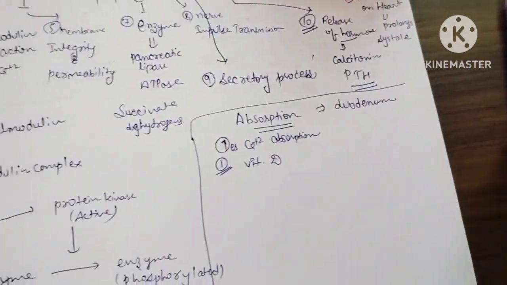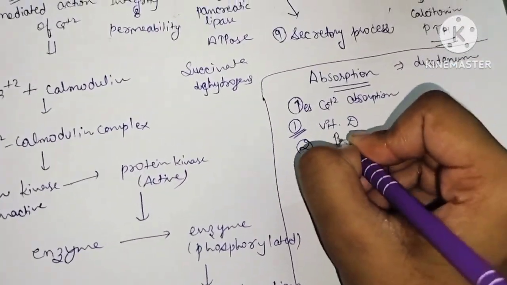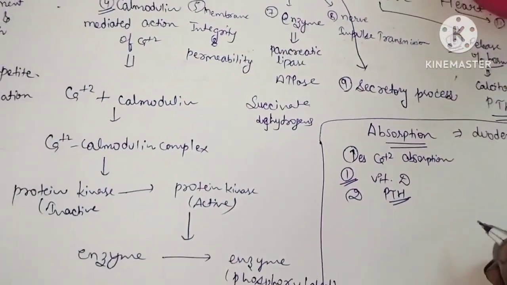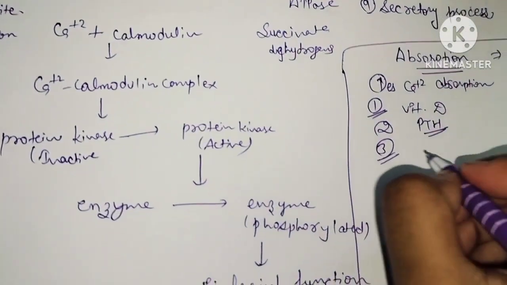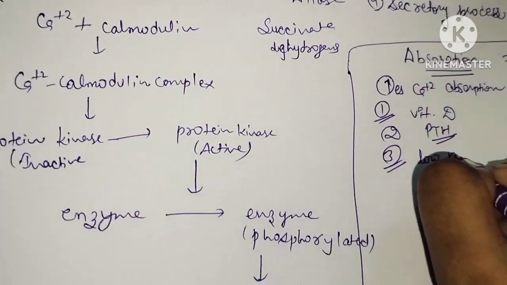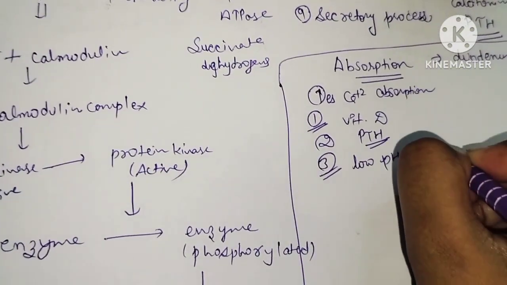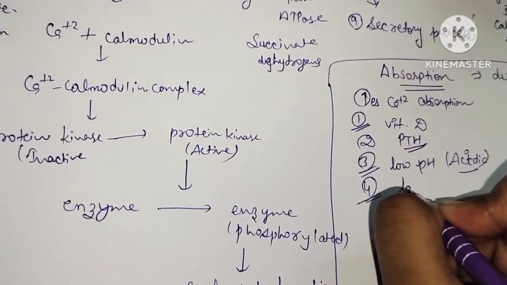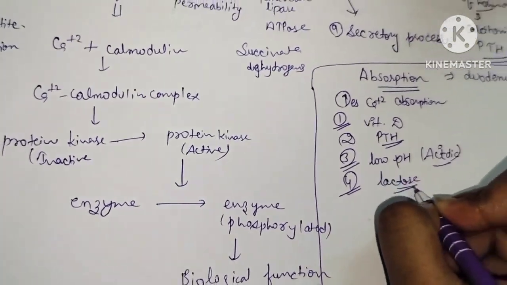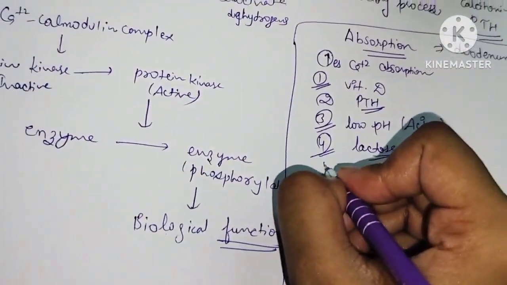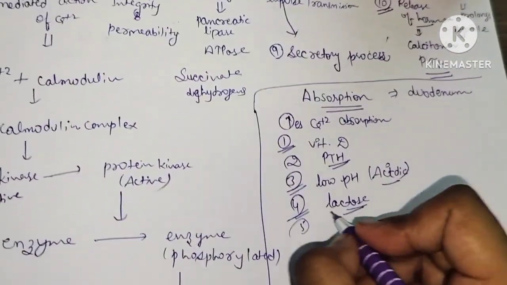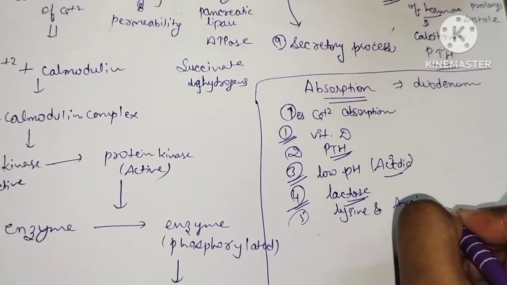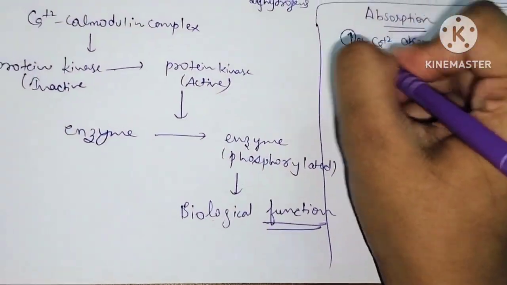Second is parathormone. Parathormone also increases the calcium absorption through increased synthesis of calcitriol. Third is low pH, meaning the acidic environment is also favorable for calcium absorption. Fourth is lactose. It promotes calcium uptake by the intestinal cells. Fifth, certain amino acids like lysine and arginine facilitate the calcium absorption.